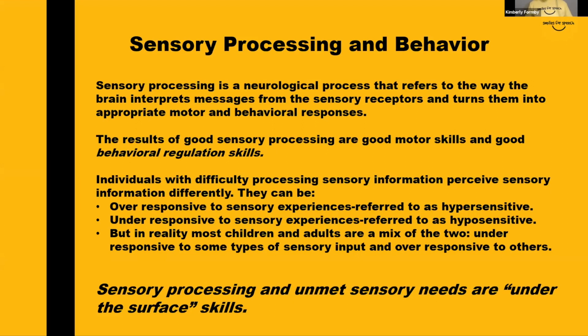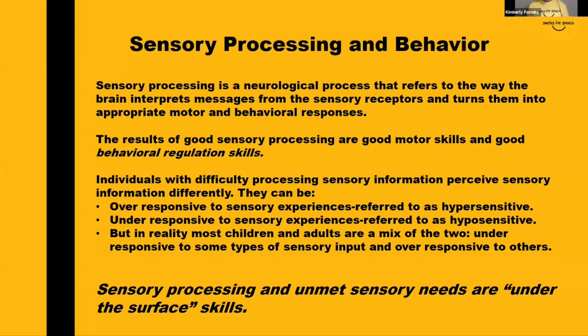So what does it mean when we talk about sensory processing? Sensory processing refers to a neurological process, the way that the brain interprets messages from sensory receptors throughout the body and then turns those messages into appropriate behavioral and motor responses.